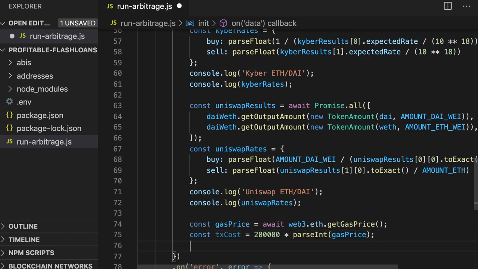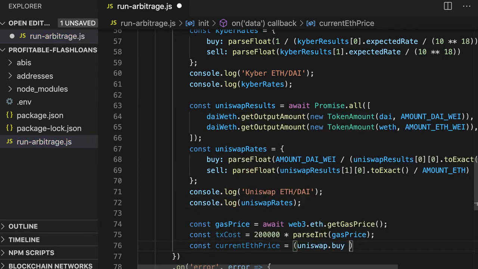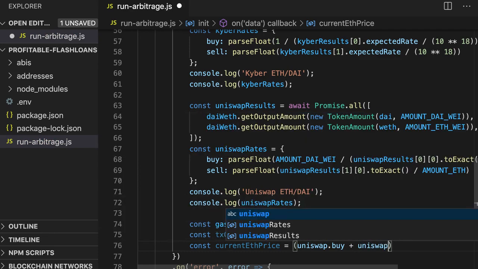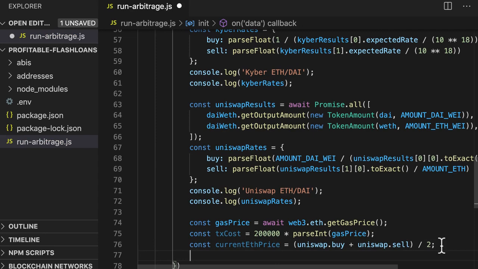Next, we need to determine what's the current Ether price. So for that, we're going to take the average between the buy and the sell price of Uniswap. Next, we're going to calculate the profit if we buy Ether on Kyber and sell it on Uniswap.